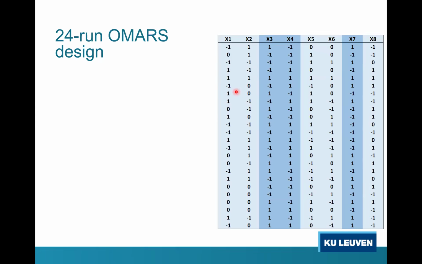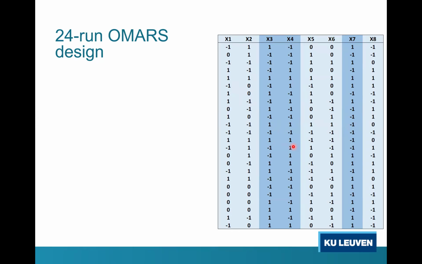OMARS design here, where you can see that some columns are colored light blue. These are the columns that have 3 levels, where you find some zeros, obviously. And the dark blue columns are the columns that don't have any zeros. So they have 2 levels only, a low level and a high level. So that's a very different OMARS design than the one of GSK.